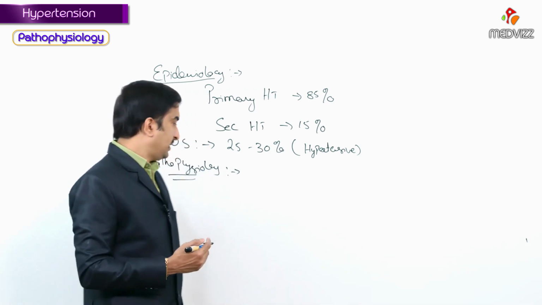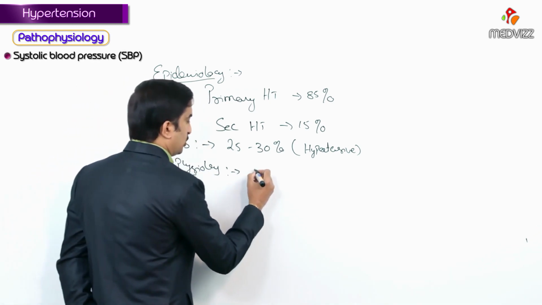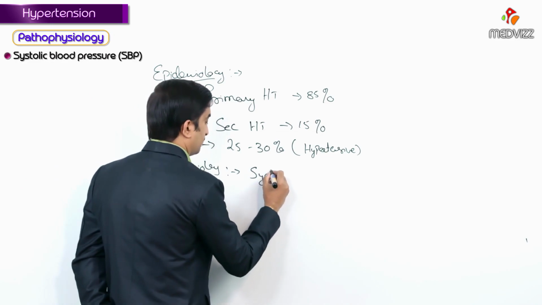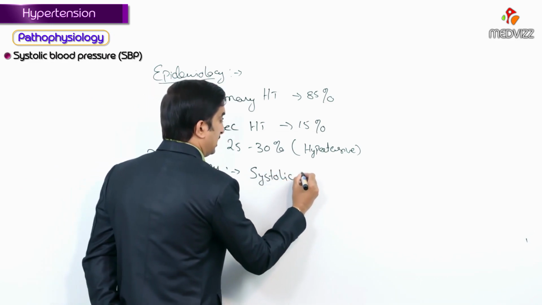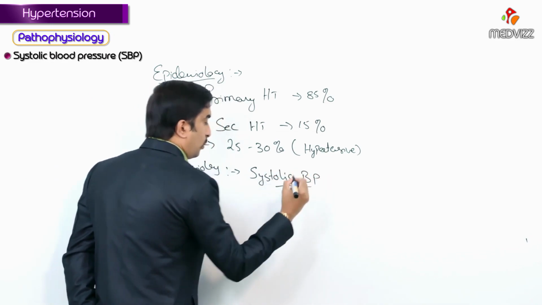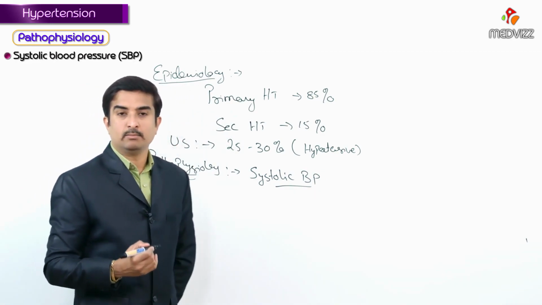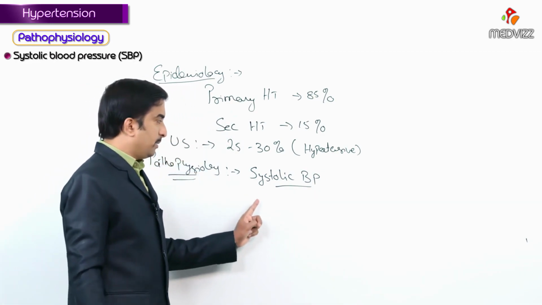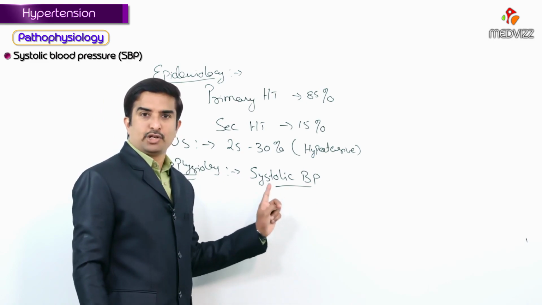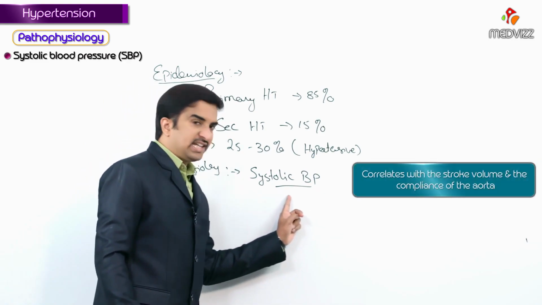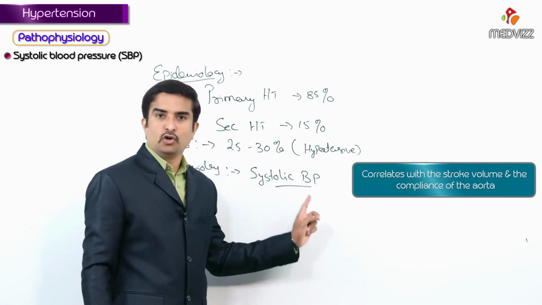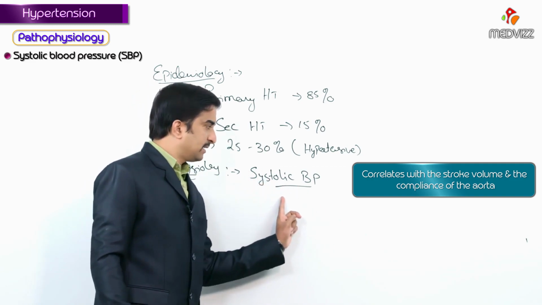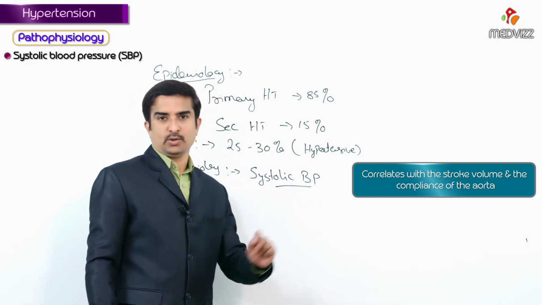So first, what is the meaning of systolic blood pressure? Remember that the systolic blood pressure correlates with the stroke volume as well as the compliance of the aorta.